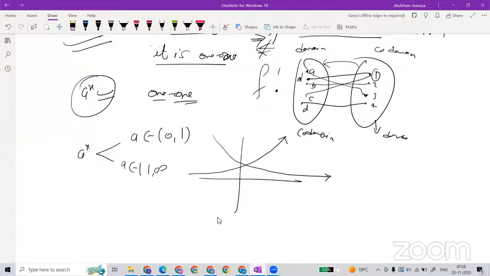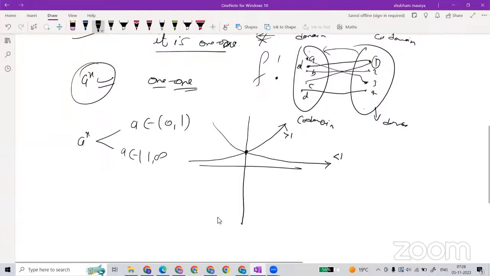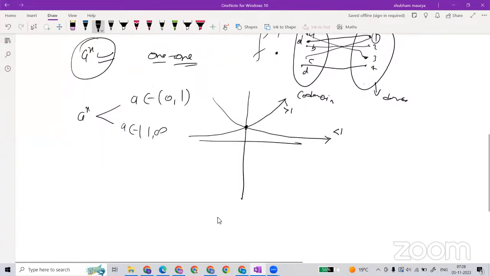Both will intersect at 1. This is for a greater than 1, and this is for a less than 1. So now we know that the function is invertible.